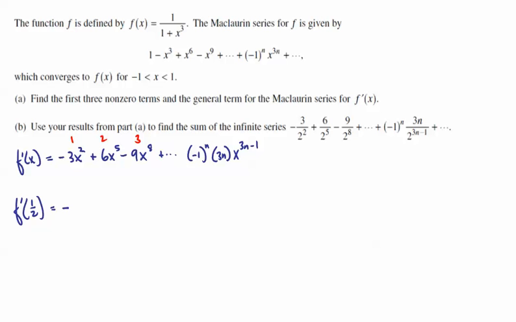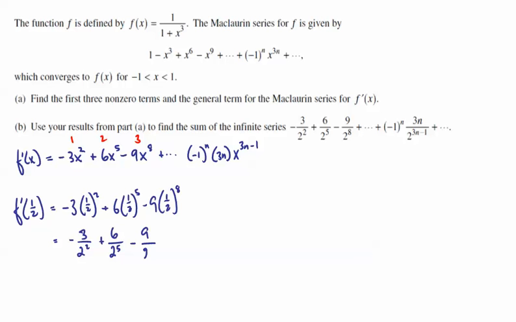And in that case, we would get -3 times (1/2) squared plus 6 times 1/2 to the 5th minus 9 times 1/2 to the 8th, which would come out to be -3 over 2 squared plus 6 over 2 to the 5th minus 9 over 2 to the 8th, and there we have it.